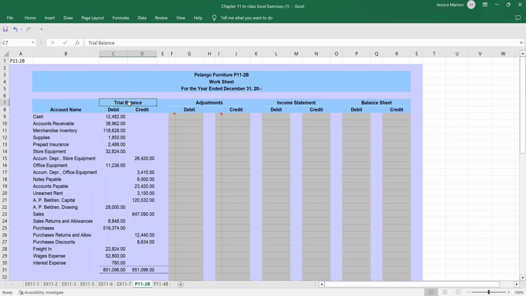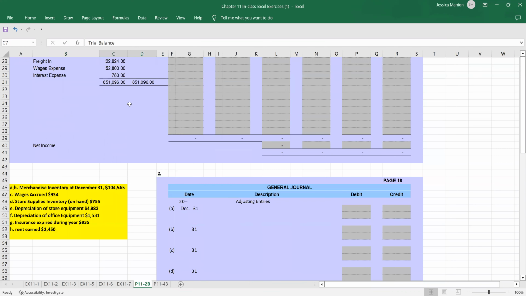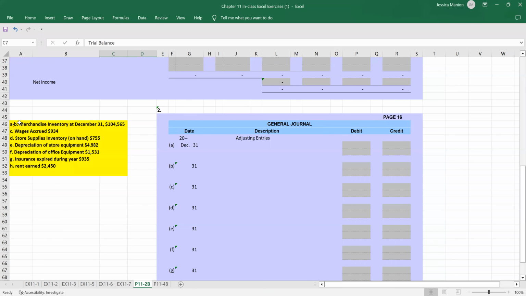That's our trial balance, essentially the unadjusted trial balance. And so we just need to go through, do our adjusting entries, and then update the worksheet like we've done together before. So I've typed in our adjusting entries here. They're highlighted in yellow so we could go through and get practice with these together.